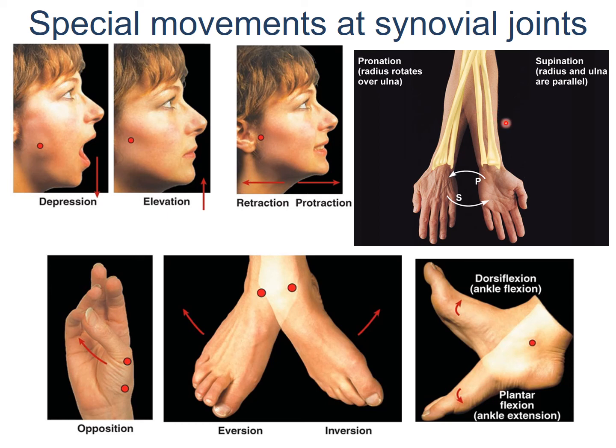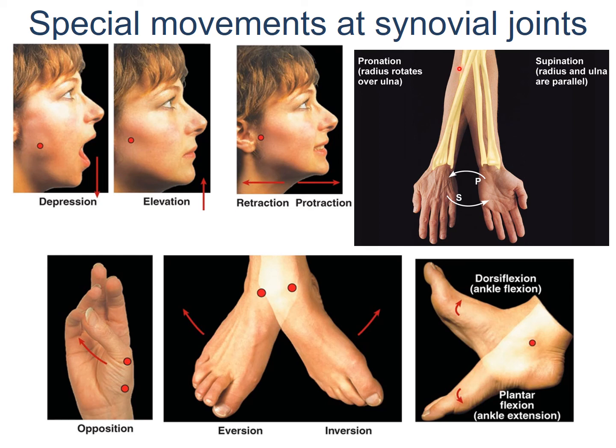And in anatomical position, we say that that position is supination, where radius and ulna are parallel to each other. But when you rotate your palm in a posterior direction, like what you see happening here, radius actually rotates on top of ulna.